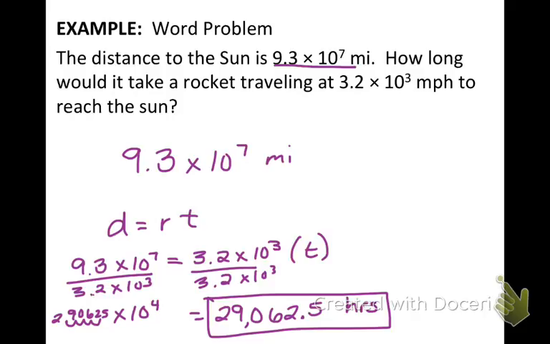Let's see what we get. Well, we don't know if a leap year falls in there. So it's about 3 years. 3 years to get to the sun, traveling at 3,200 miles per hour. Oh my god, that would be so fun.